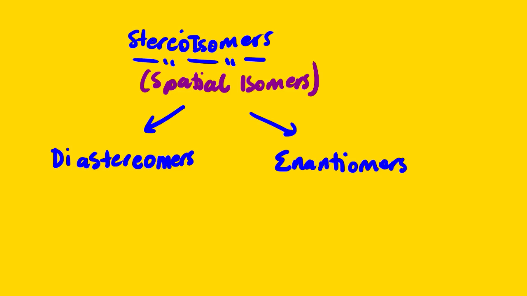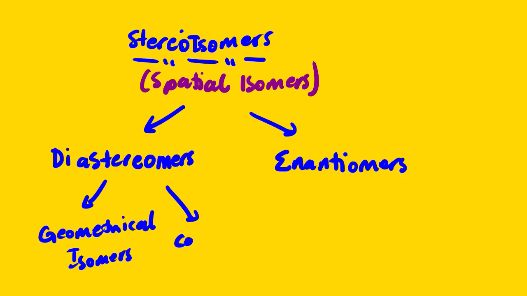And then under diastereomers we have geometrical or geometric isomers, and then we have conformational isomers. Just know that under spatial isomers we have two different types of isomers, which is diastereomers and enantiomers.